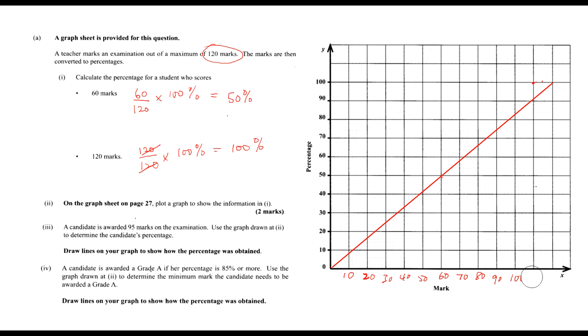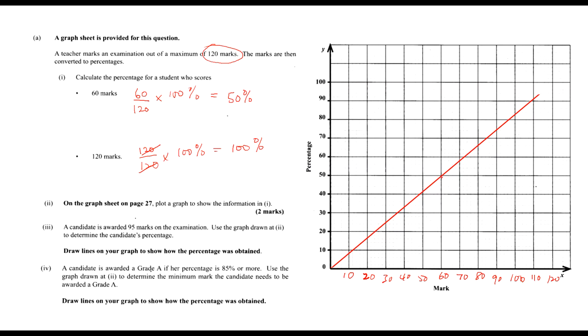This should be 100, it should be 110, and this should be 120. Alright, so this is basically a straight line graph passing through the origin.